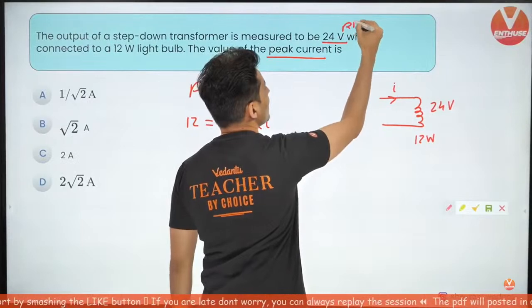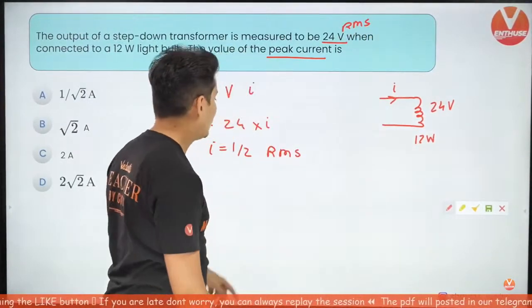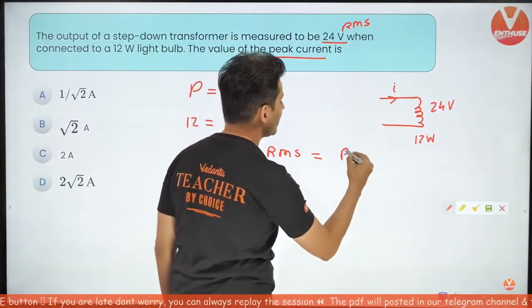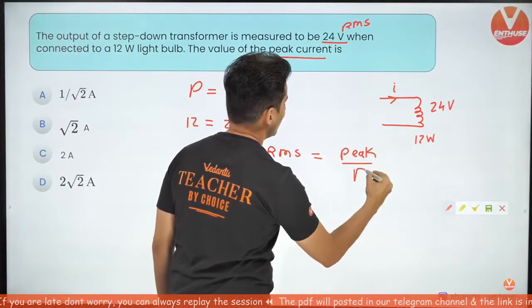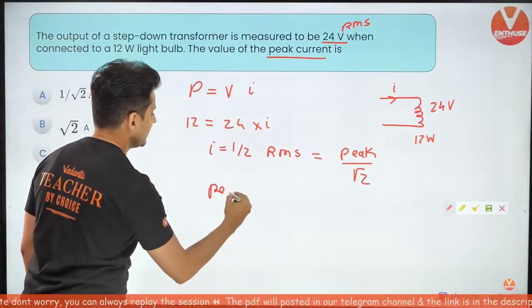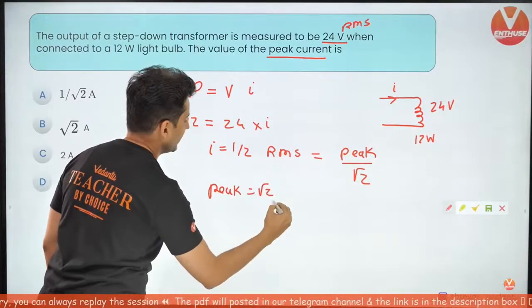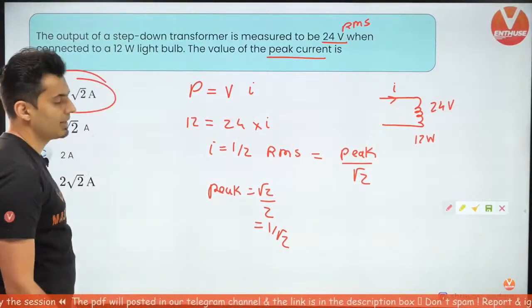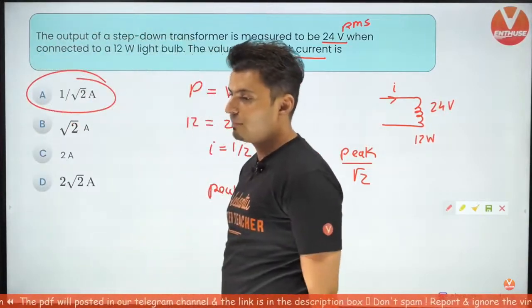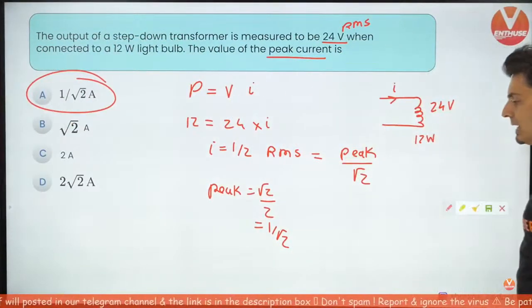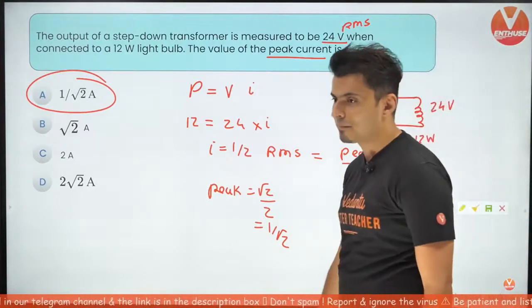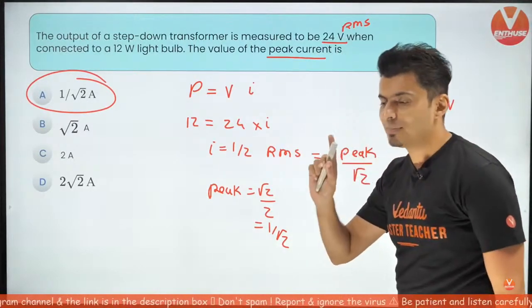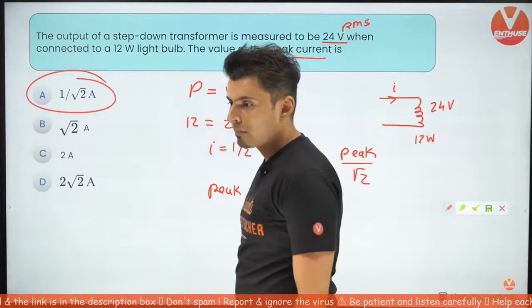So once you know RMS, you can find the peak, because peak by root 2 is RMS. So the peak value will be root 2 by 2, which is 1 by root 2. Hence option A will be correct. Yeah, not B, it is A. Be careful, you made a calculation mistake if you got B. Understood? So when nothing is mentioned, it is always RMS.